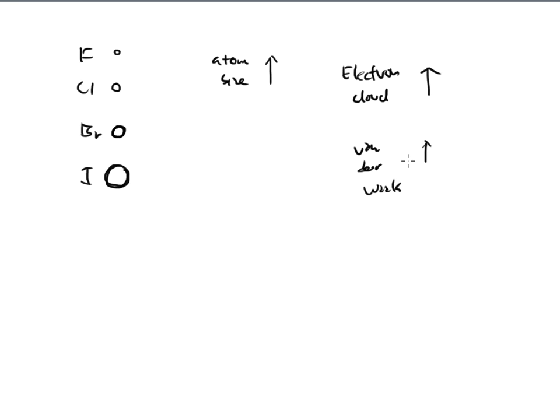I want you to think of this almost like a bigger alkane. As the alkane gets bigger, the boiling point goes up, up, up. And as the atom here gets bigger, you need to think that the boiling point goes up, up, up. So stronger van der Waals forces are at play. This means that an iodide compound has a higher boiling point than a bromine compound, which has a higher boiling point than a chlorine compound, which has a higher boiling point than a fluorine compound.